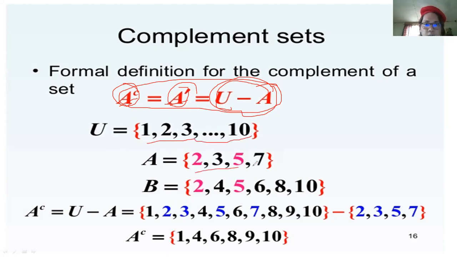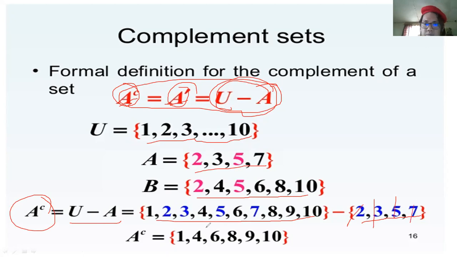Then our A is 2, 3, 5, 7. And our B is 2, 4, 5, 6, 8, 10. Then if we get the complement of A, that means universal set minus A. So universal set, we have 1 to 10, minus 2, 3, 5, 7.